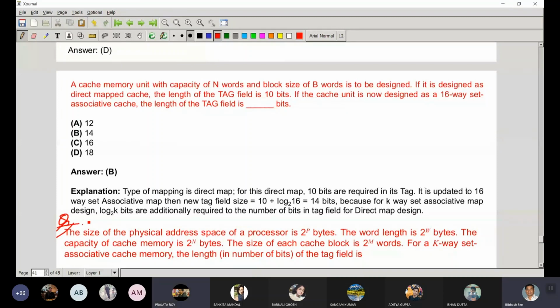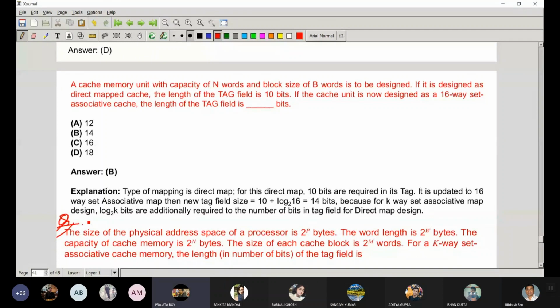Sir, in that case, p plus w is the total size of the address. And since the capacity of the cache memory is n bytes, it will be p plus w minus n. Yes, sir.